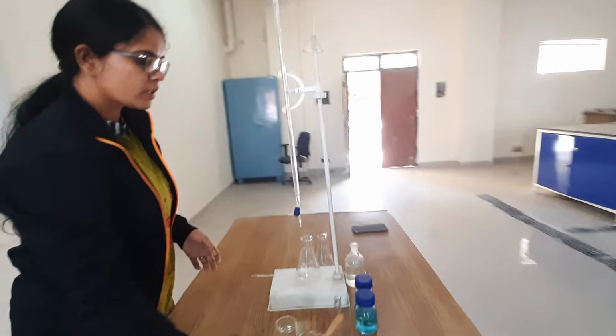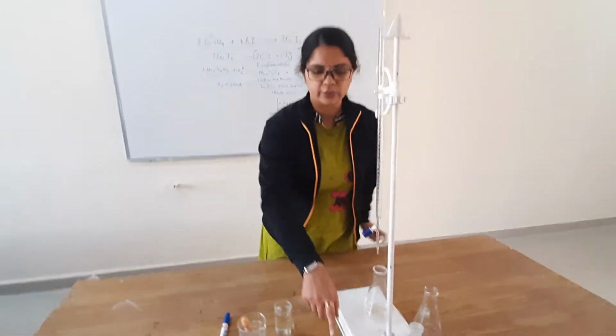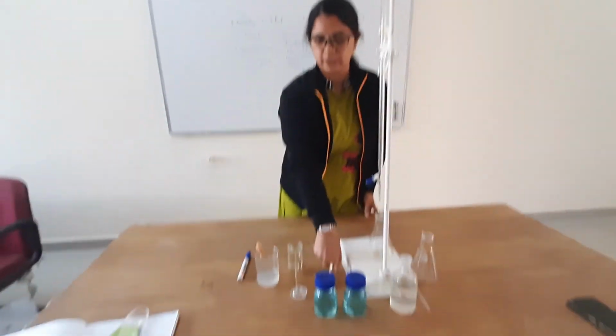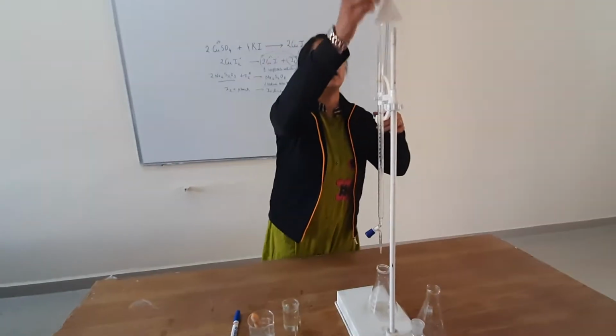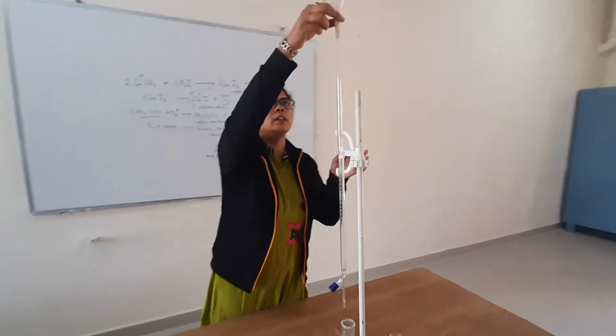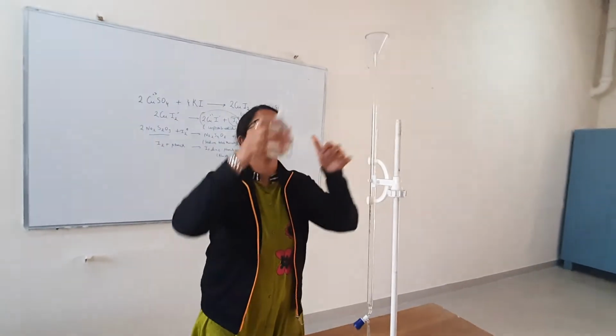So this is the theory behind this reaction. Now we are going to perform the experiment. As you can see, we have sodium thiosulfate, known and unknown solutions of copper sulfate, KI solution and starch. First, I am going to fill the burette with the sodium thiosulfate. It is a colorless solution.